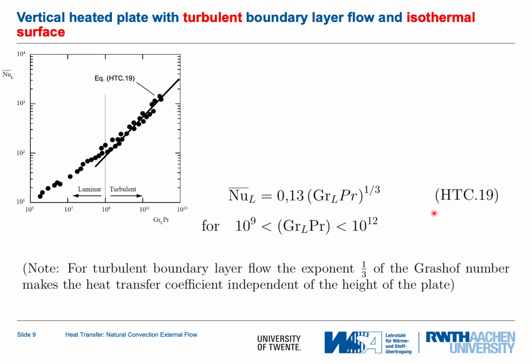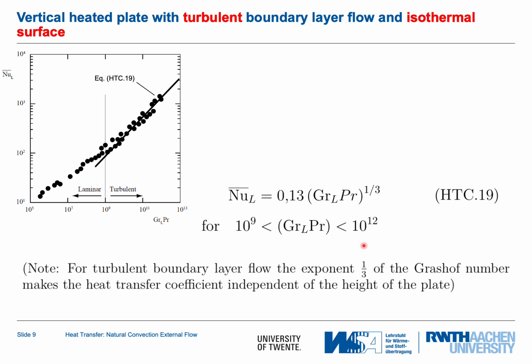That is equation HTC 19 in your reader, and it is valid for Grashof times Prandtl between 10 to the power 9 and 10 to the power 12. That is indeed indicated here.